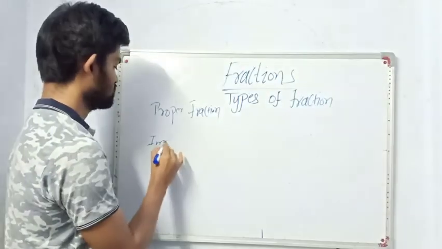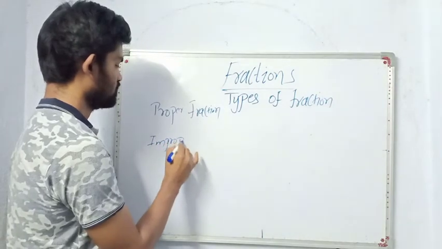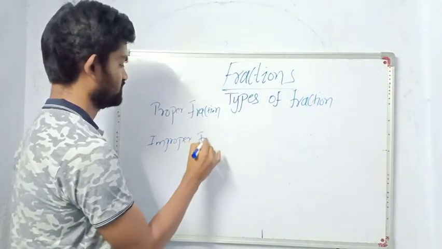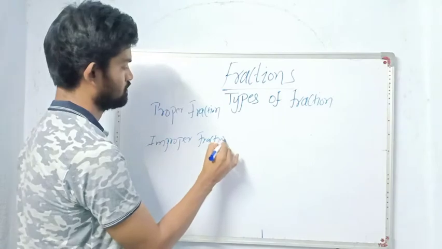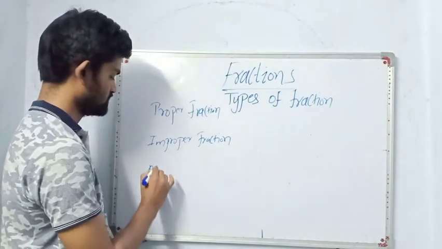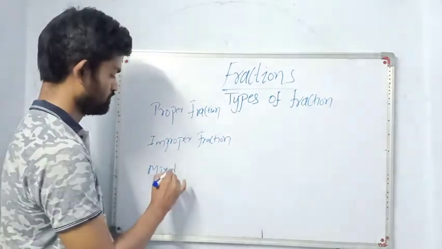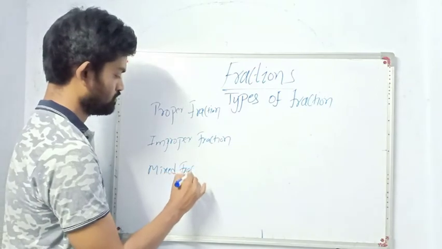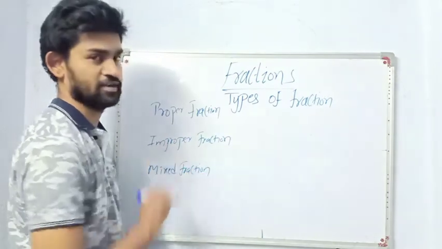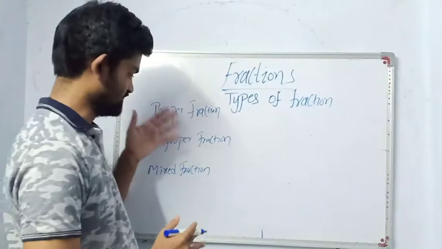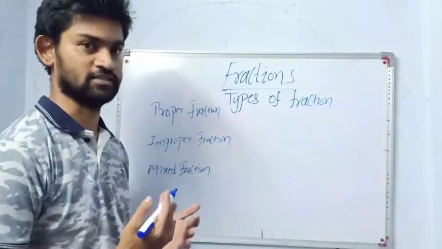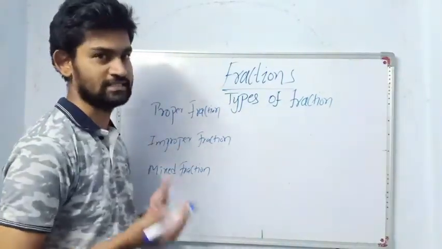Next, improper fraction. Next, mixed fraction. First we'll see these three. Still, more types of fractions are there, but first we'll try to understand what these three are.